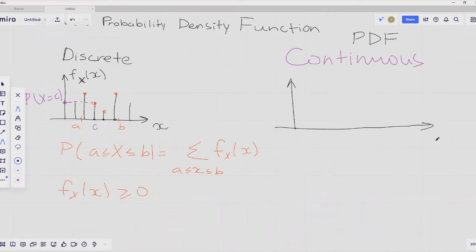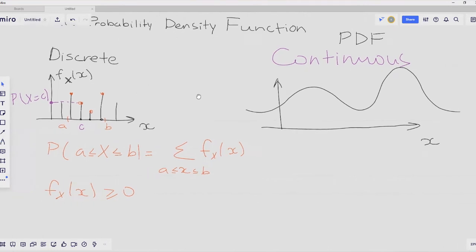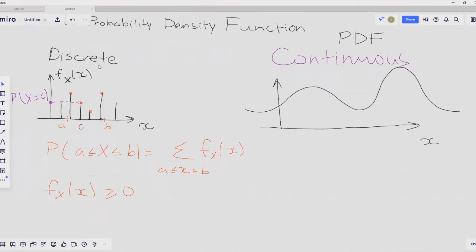For continuous random variables, we also have one unit of probability distributed over all possible values of random variable x. However, as opposed to the discrete case when our PMF might be considered as point masses, in a continuous case, our graph for PDF is going to look like a continuous line.